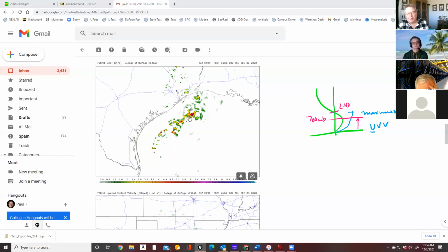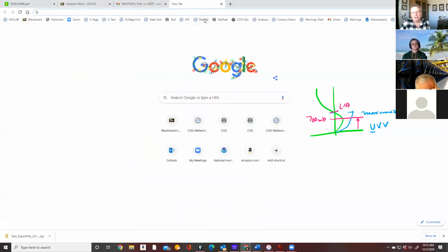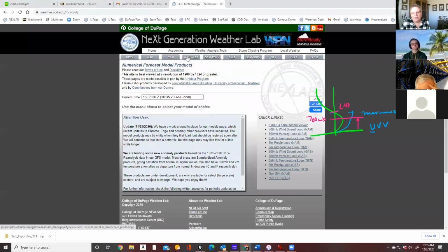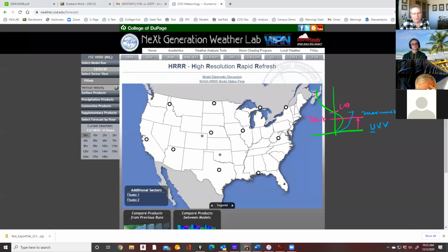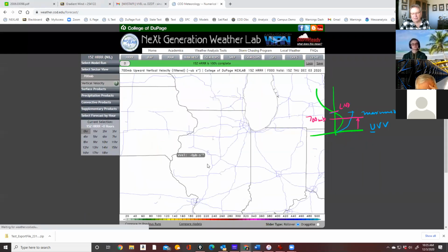The low-level updrafts will be super strong when I'm stretching vorticity. So if I want to find helicity swaths, which I do, I'm going to look for strong upward vertical velocities at 700 millibars because that's low-level stretching vorticity. So when I go over here to a model, for instance, the HER, we've been using that.